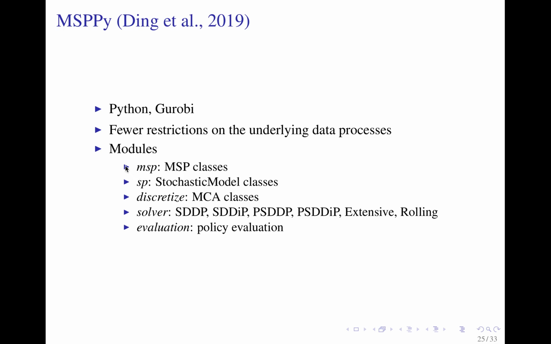So you could imagine an MSP object is composed of a list of SP objects. And we have a discretized module to discretize a continuous process, and we have a bunch of solvers to solve the discretized problem. And in the end, we have an evaluation module to make policy evaluation.